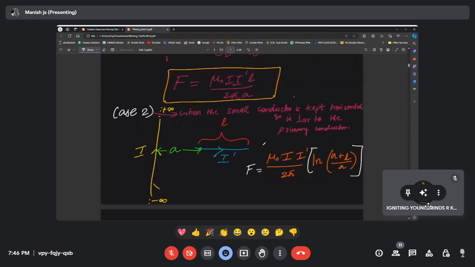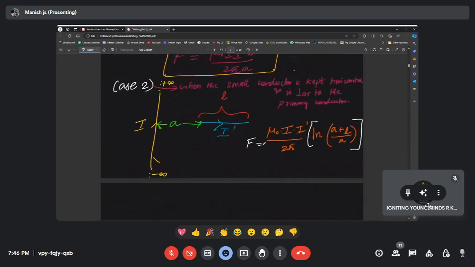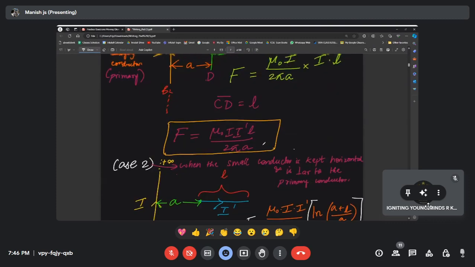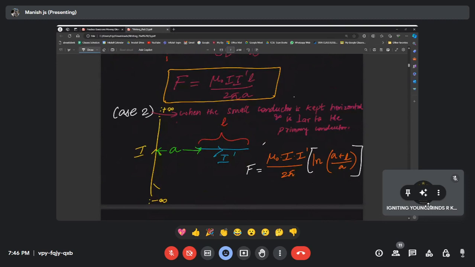So like this, there are two different cases. These are the two major cases that can come from the competitive point of view. Now, I have seen some questions in some papers. For JEE and all, there are certain questions where there are two conductors, and both are of infinite length.